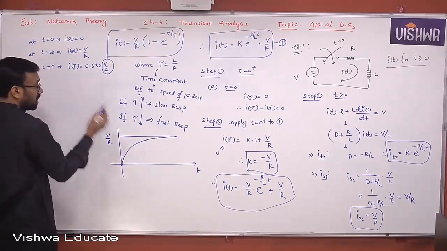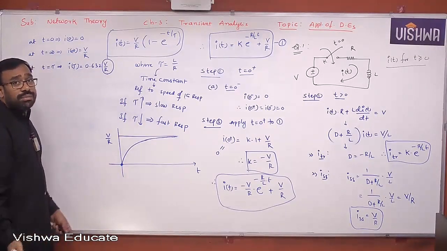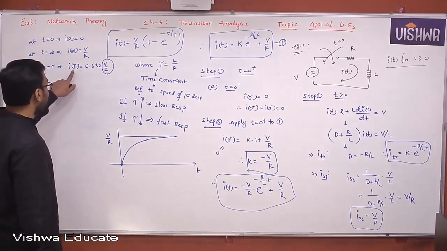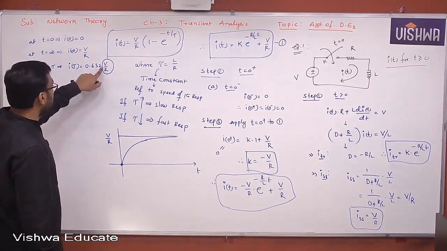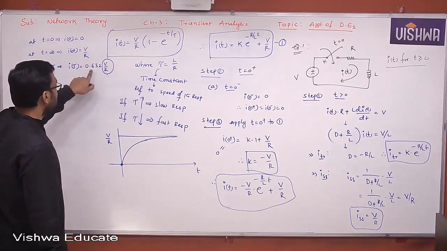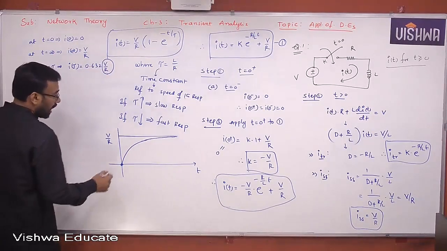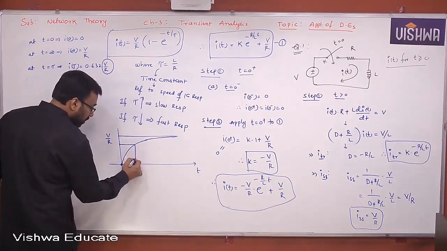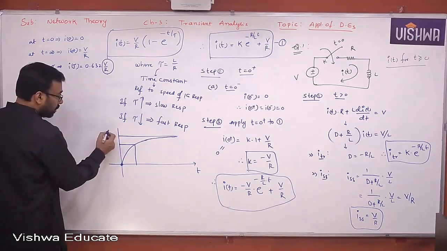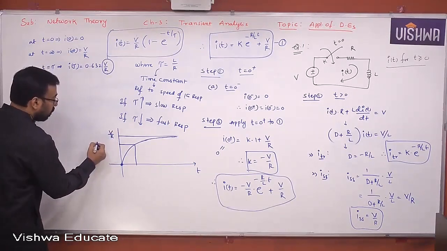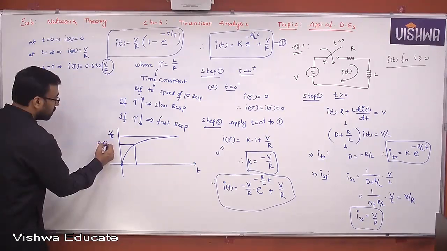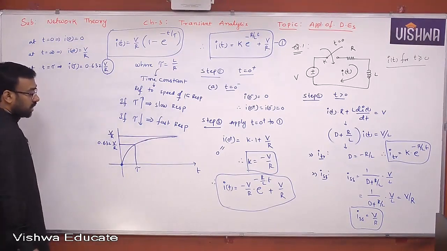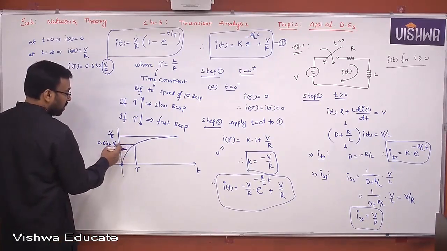Time constant. Time constant is also in seconds. It is also a time. But what is that time? How do you define it? It is the time taken for the response to reach 63.2% of its final value, because it is 0.632 times V by R. So I can say this is 50%, this is somewhere, let us say 63.2%. This is V by R. As time tends to tau, the response reaches 0.632.